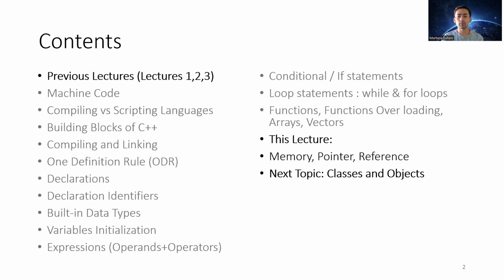We also talked about loop statements. We call them iteration statements, and mainly we have while and for loops. We can use break and continue. We also talked about functions, and we defined the functions in C++ and compared them with mathematical functions, and we said they are similar.